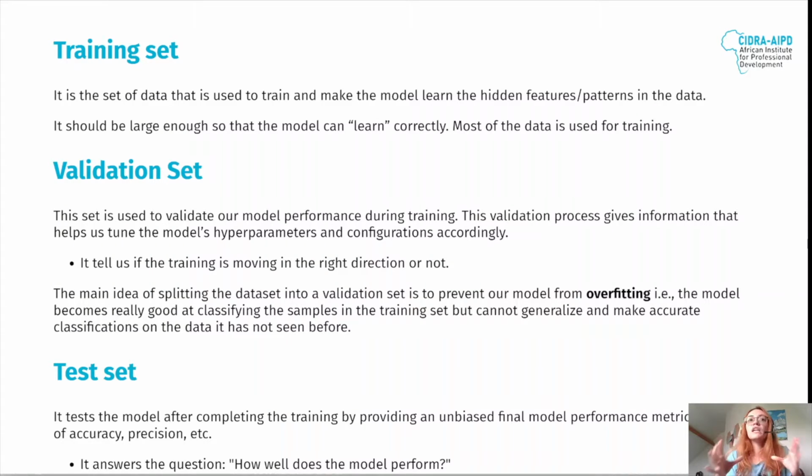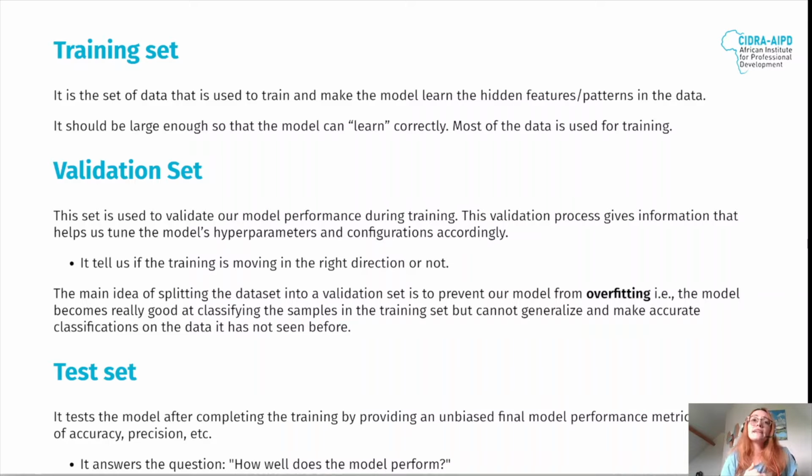It will be the largest set of all of your sets. Most of the data that you have available is used for training, because we want the model to learn, and to learn you need to show the model a lot of different examples.